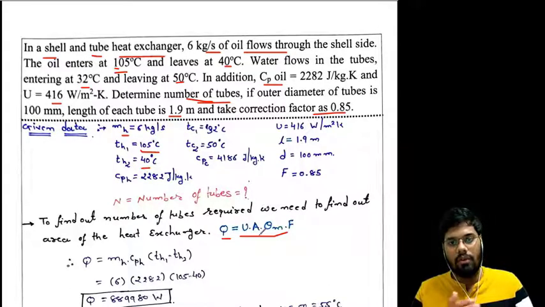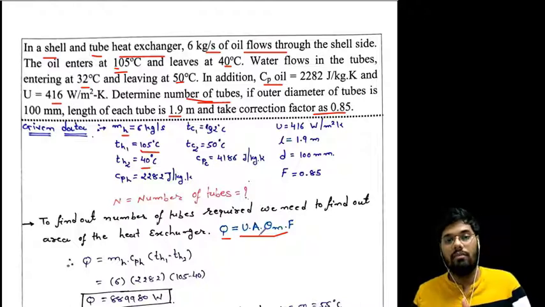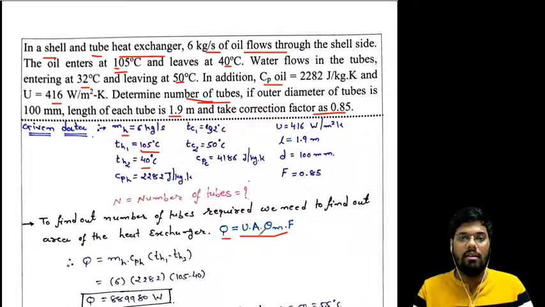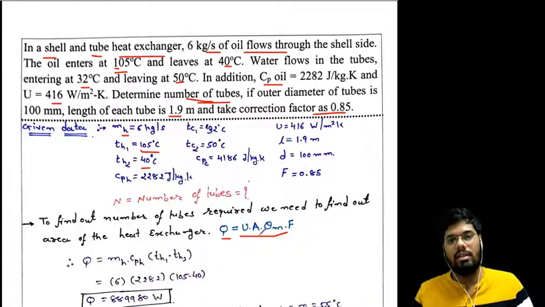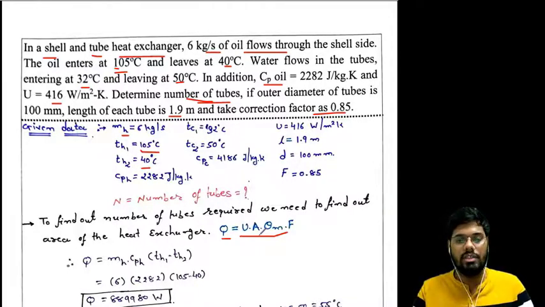So after some time we need to add a correction factor to find out the heat transfer rate, because heat transfer rate would be greatly affected by the lifespan of the heat exchanger. So whenever a correction factor is given in the question, we need to multiply that correction factor in this equation, because it directly affects the heat transfer rate.